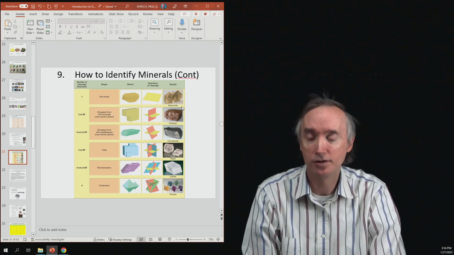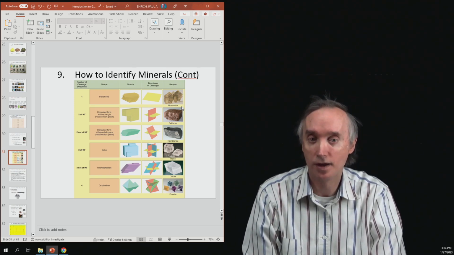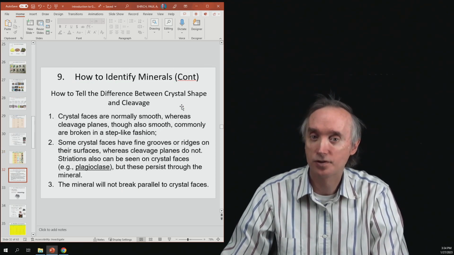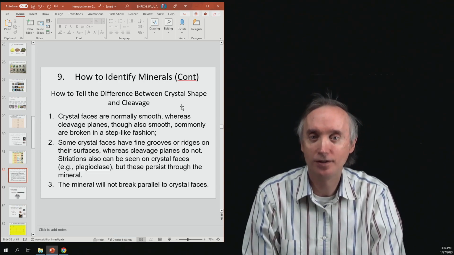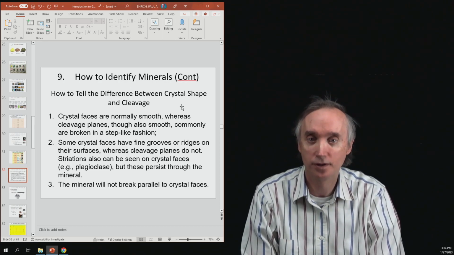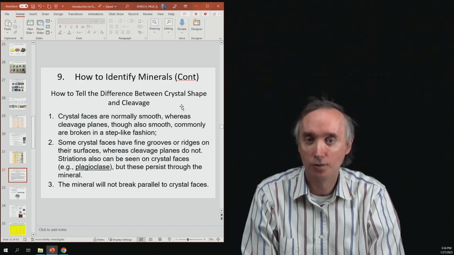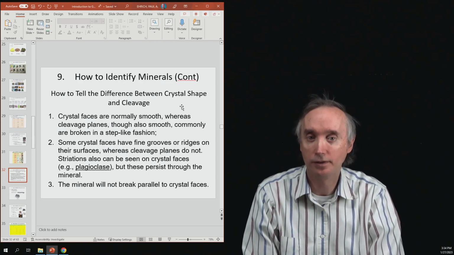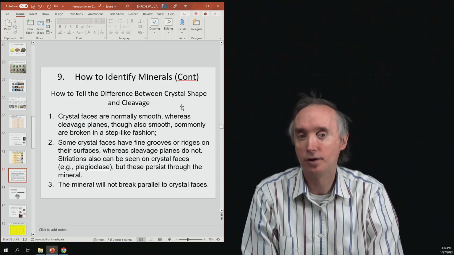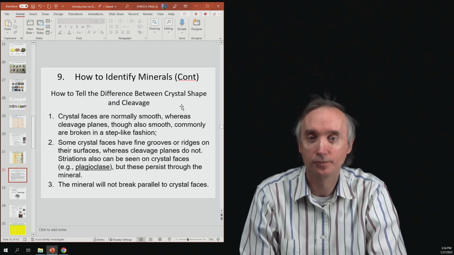So it's a relationship to the strength of the bonds that are inside that particular crystal. So in case you're wondering, how can you tell the difference between crystal shape and cleavage? So crystal faces are normally smooth, whereas a cleavage plane are commonly broken up into stair-like fashion.